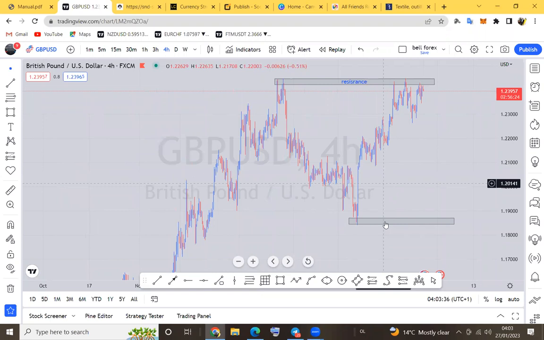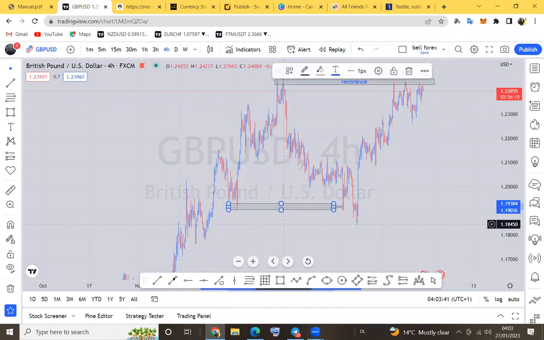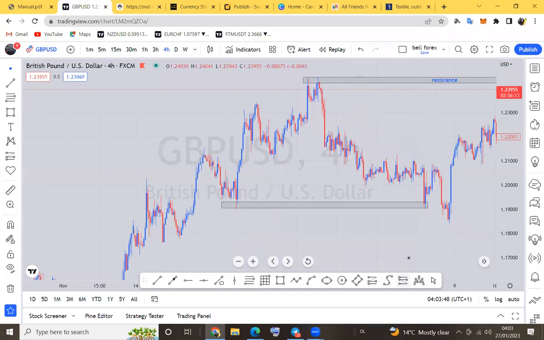And you can see this other one behind here. This was a support and price reacted to the support here. In the future, you can see it. This is the first point where the support was created, and this is a reaction on the support zone. So if price is above a zone, it is called support.